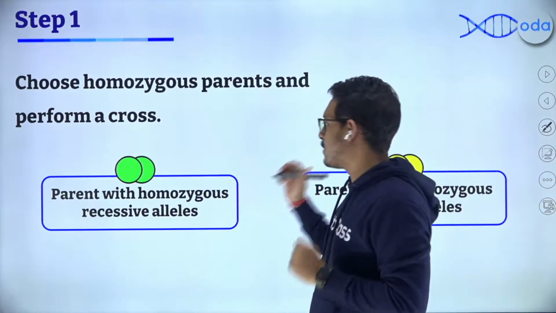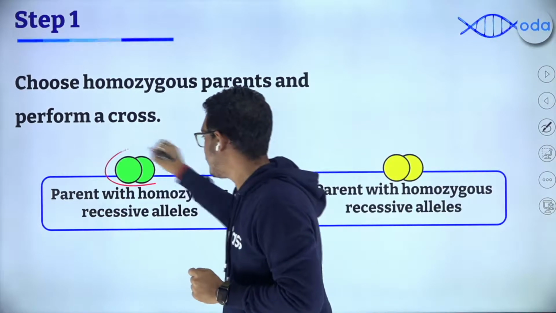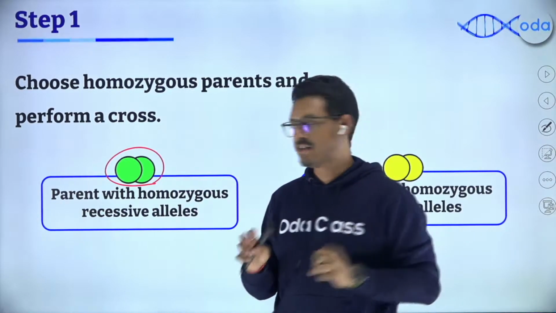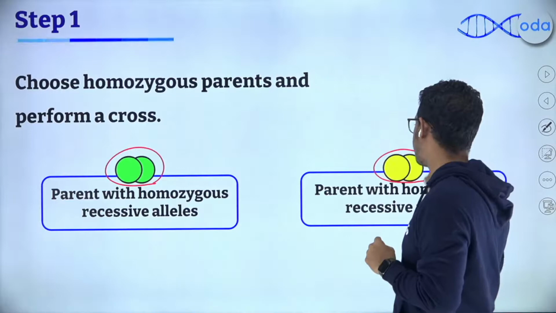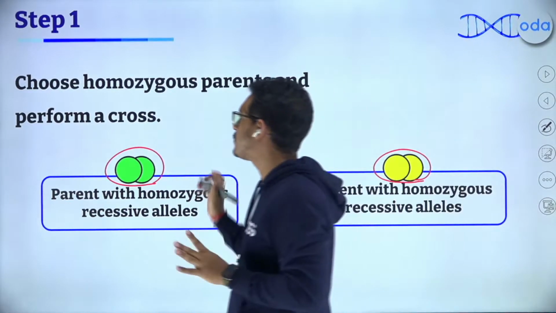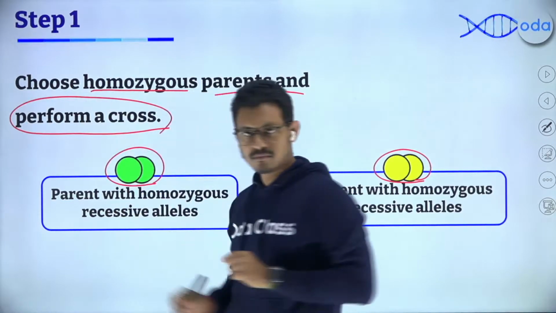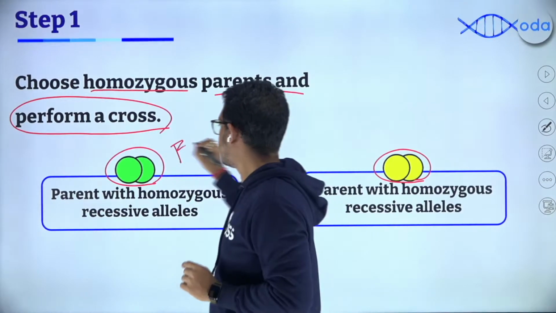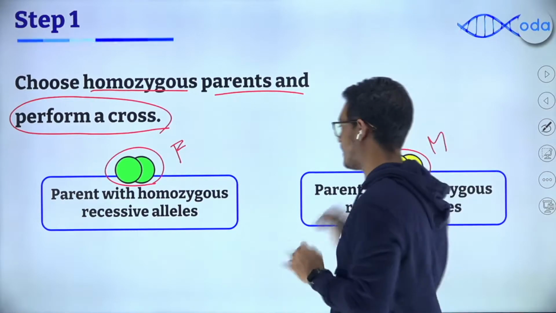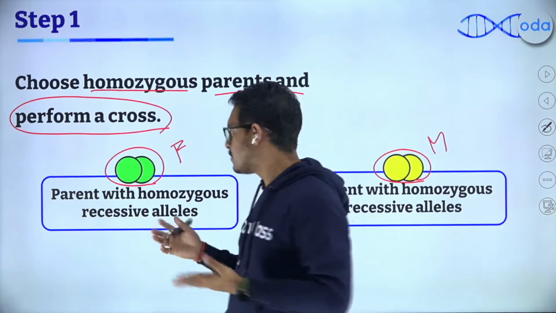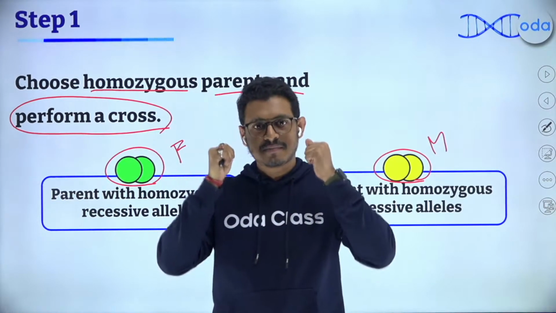Just to get a little clearer idea, focus on this one. Here you can understand what is happening. Here, we have taken a homozygous individual. We have taken another homozygous individual here. So first thing you have to do is choose homozygous parents and perform a cross. Let's just say this is the father and this is the mother in this case. Okay, we have found two parents who have homozygous characteristics.